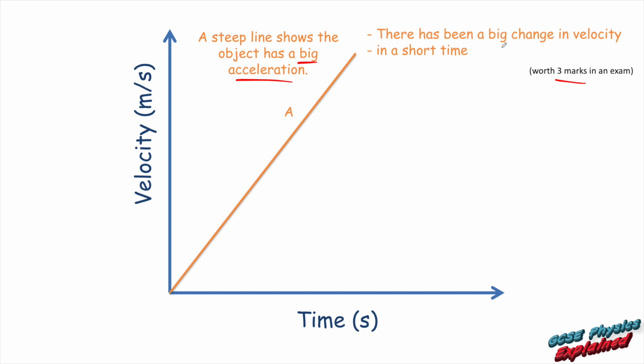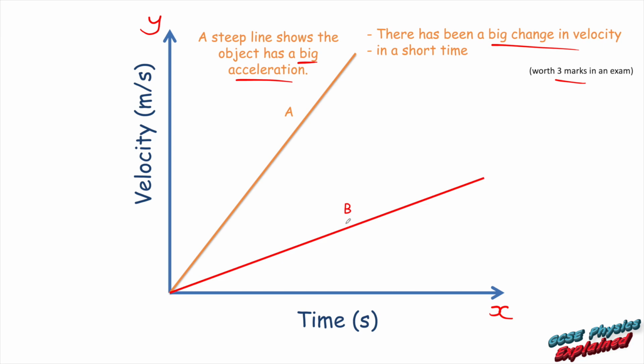Now you'll get a second mark for saying it's because there's been a big change in velocity, and you get your third mark for saying in a short amount of time. So always talk about what's happening on the y-axis for a mark, and say what's happening on the x-axis for a mark, and then tell us what that means for your third mark.